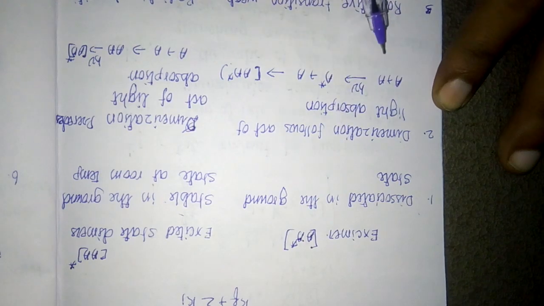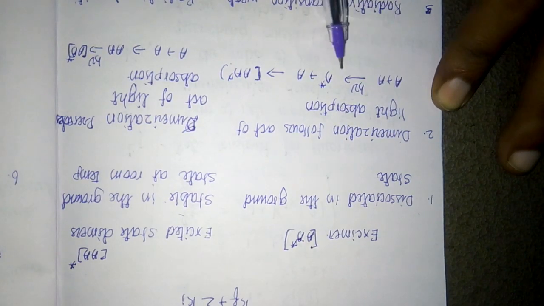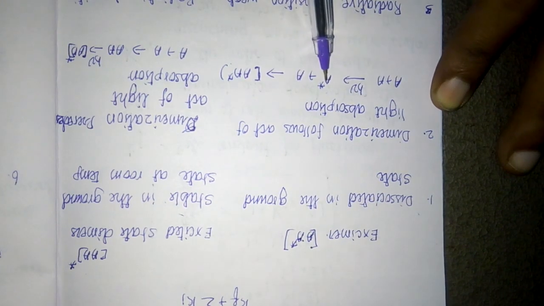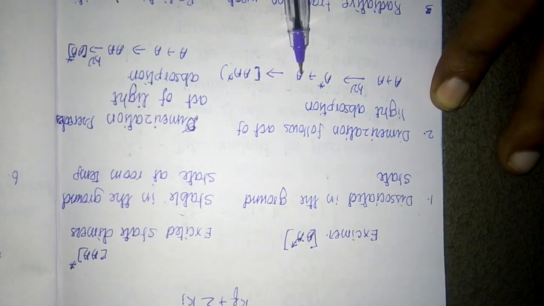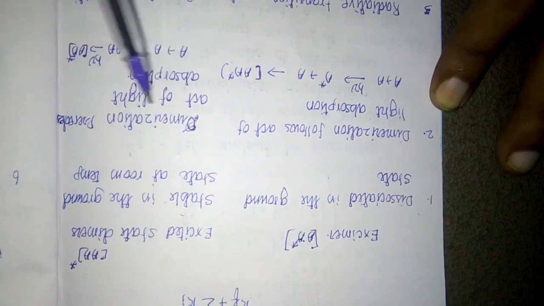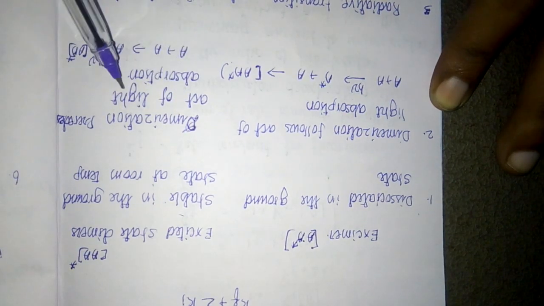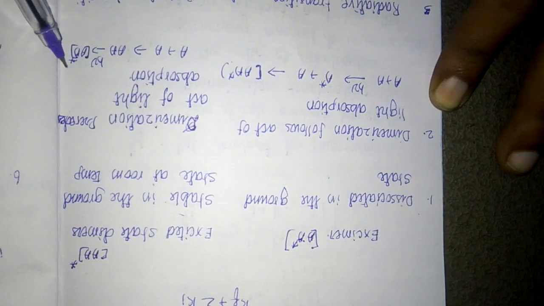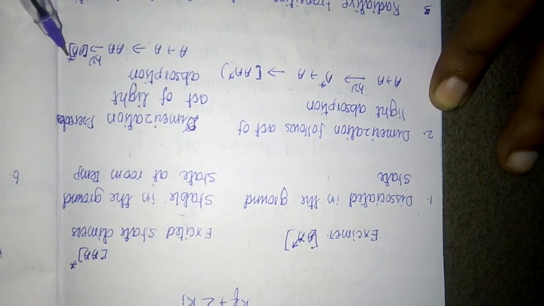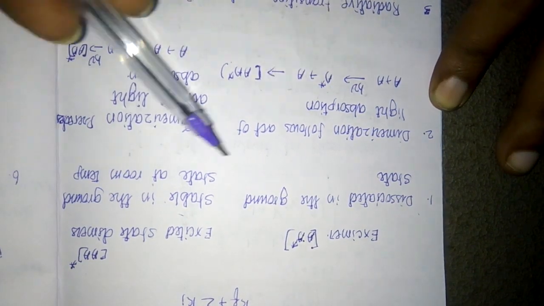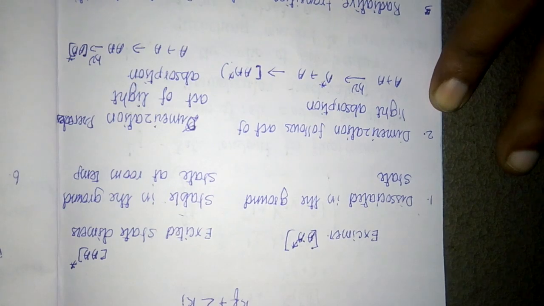The excimer is formed after the act of light absorption. After light absorption, it goes to the excited state and forms a dimer with the ground state A molecule to give A star dimer. But in the exciplex, dimerization precedes the act of light absorption. After the dimerization, it goes for excitation, whereas here excitation occurs before the dimerization. This is the main difference.